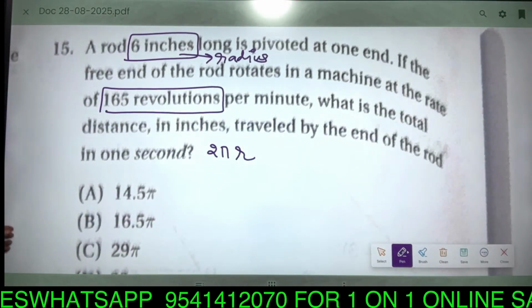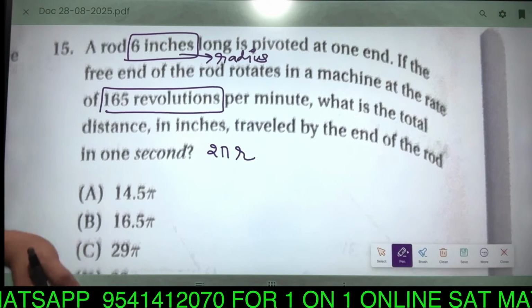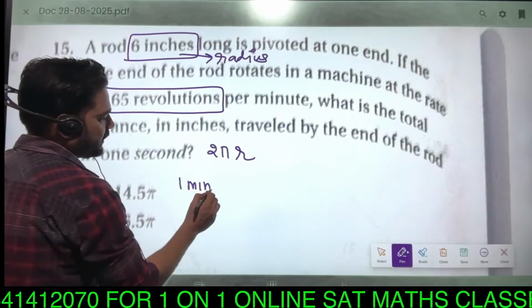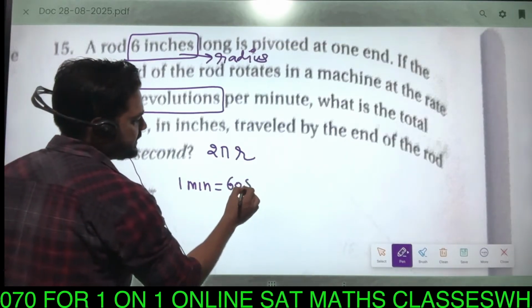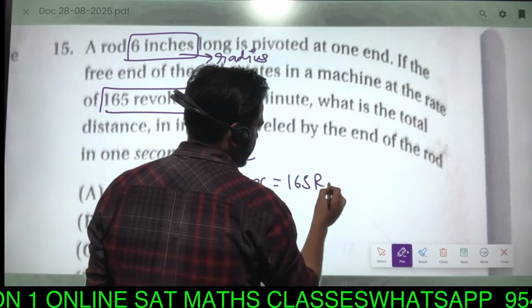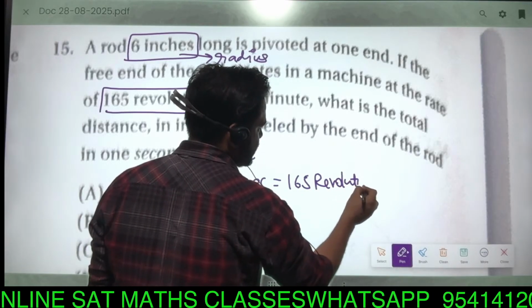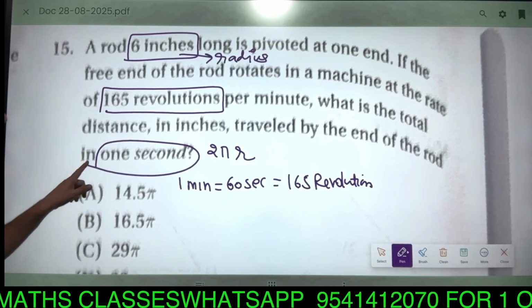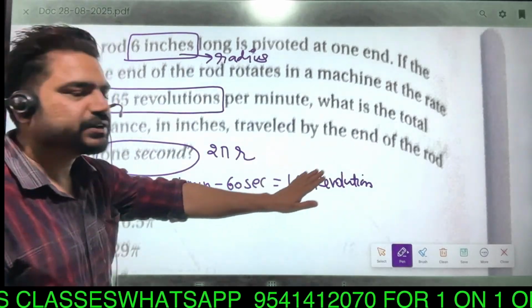But they are saying that in 1 minute, or 60 seconds, they are doing 165 revolutions, and they are asking for 1 second. So in 60 seconds they are doing 165 revolutions.